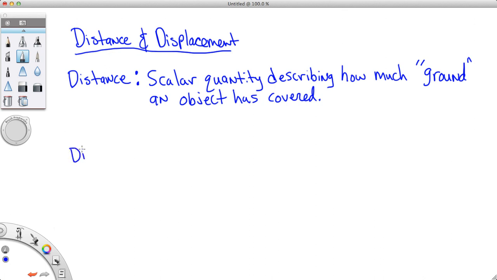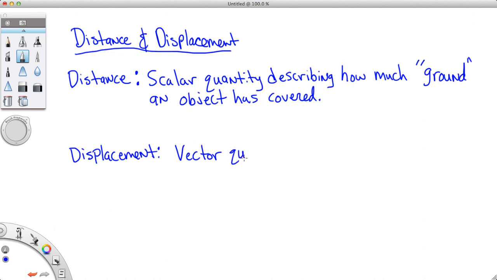Displacement is a little bit different, and displacement's a little harder to understand. Displacement is the vector quantity. So remember, a vector has a numerical value with direction.